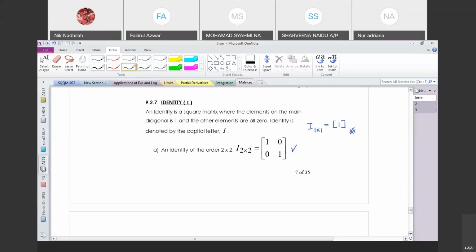So for an identity matrix, let's say we consider a 2 by 2 identity matrix. The element must be 1 on the main diagonal, while the rest must be 0.